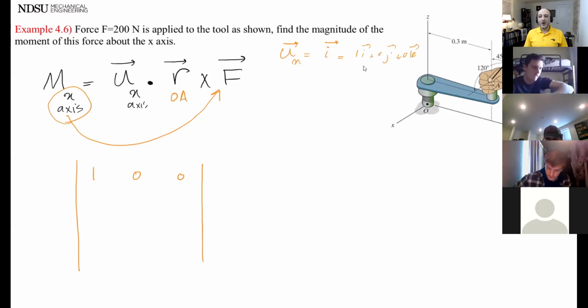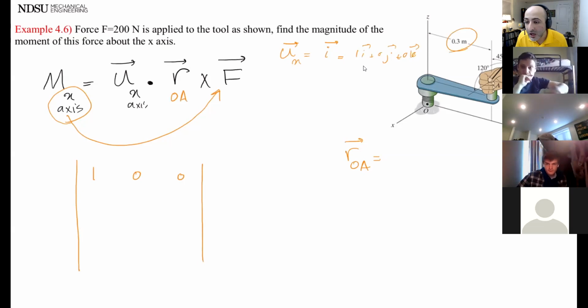All right. OA, do we have point A? So position vector OA: point A is located at 0, the y-axis is 0.3 right here, and the z-axis is 0.25.